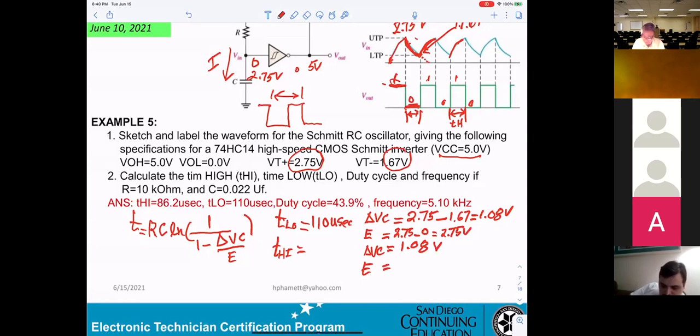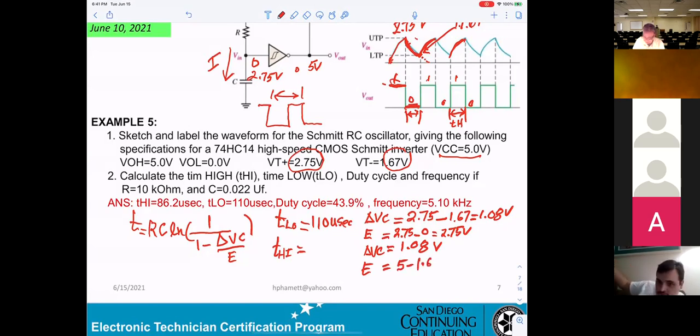Here, right? The difference between what? The final is 5 volts minus the initial of 1.67.